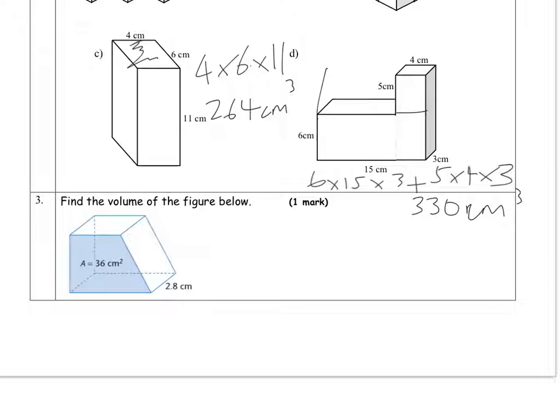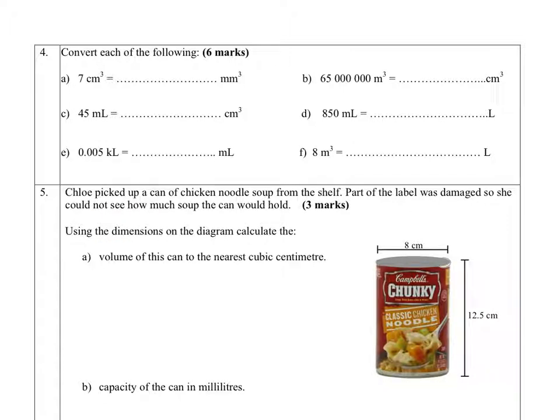Now this prism, the volume is area times height. So the area is 36 and its height is 2.8, which is 100.8 centimetres cubed. Centimetres to metres is normally times by 10, but it's cubed, so it's 10, so it's 7,000.